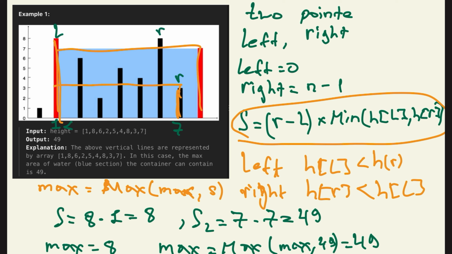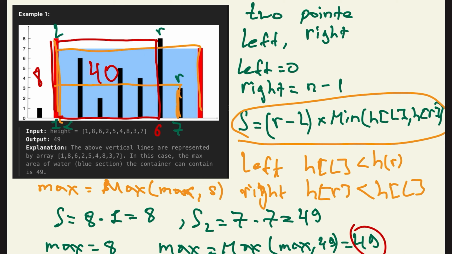So they are equal. Let's calculate this area. The area will be 8 multiplied by 6 minus 1, which is 5, and it will be just 40, and 40 is less than 49.